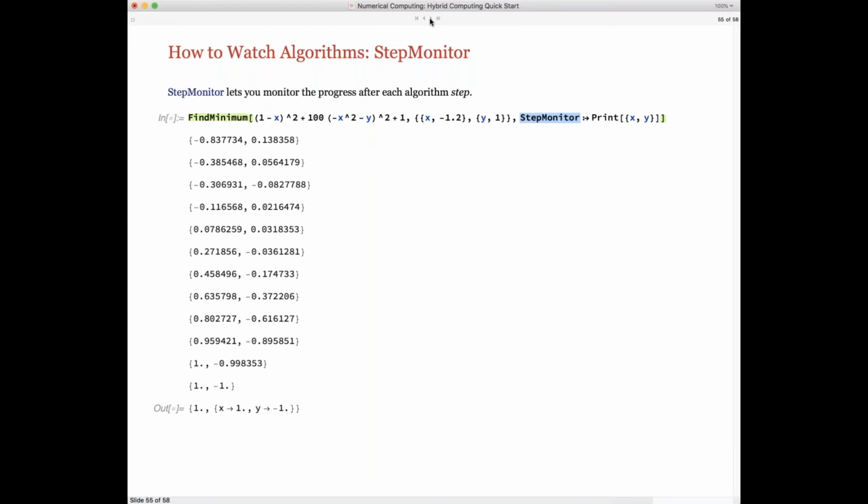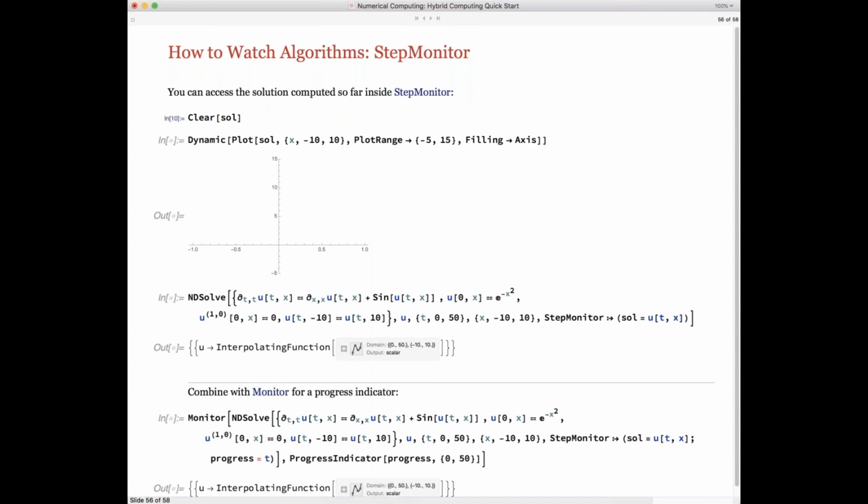One nice way to use StepMonitor is to monitor and visualize the solution obtained so far to a differential equation or other problem. In this example, we will create a dynamic plot with the current solution of the differential equation stored in the variable sol.